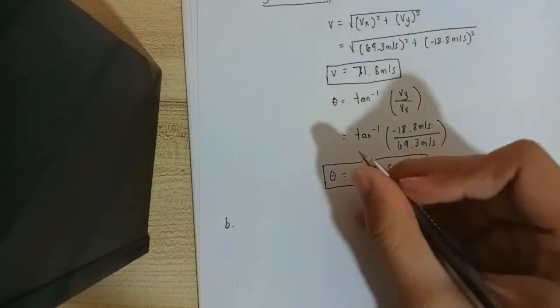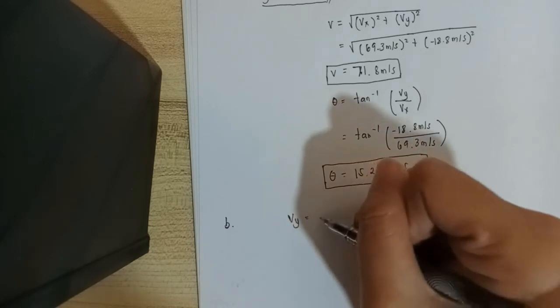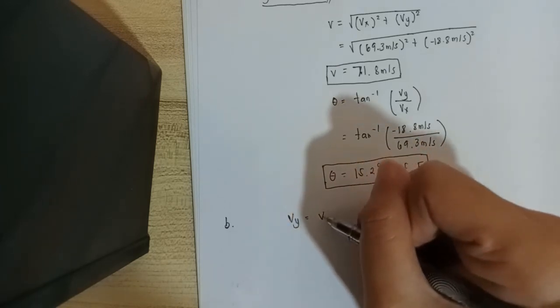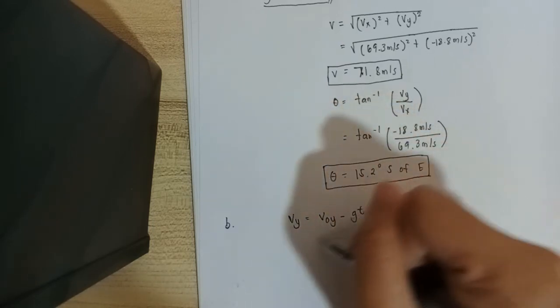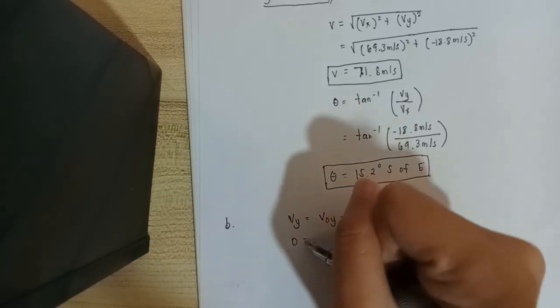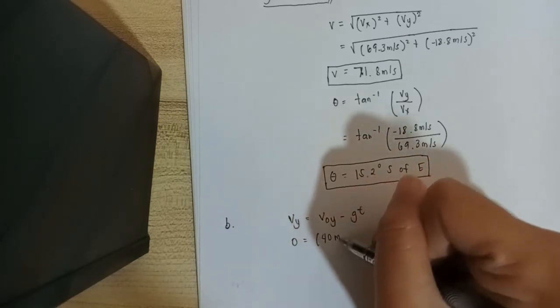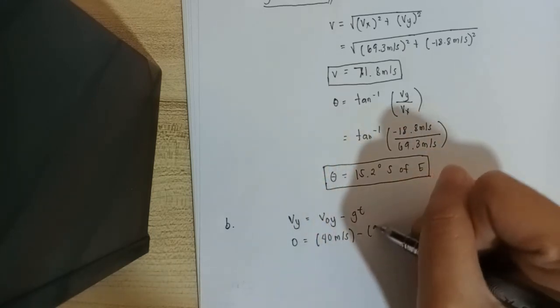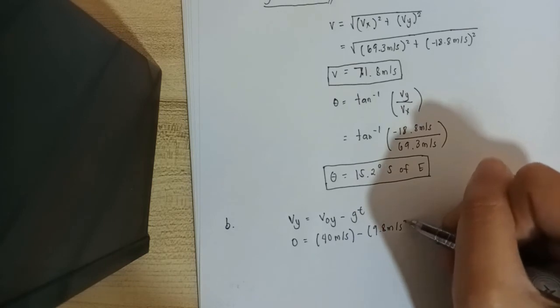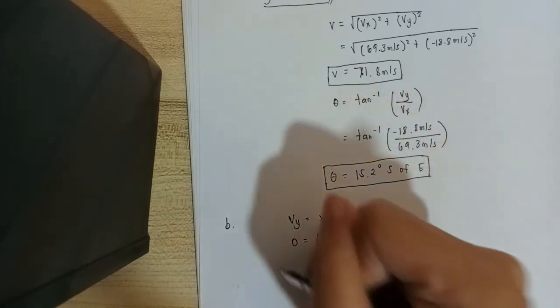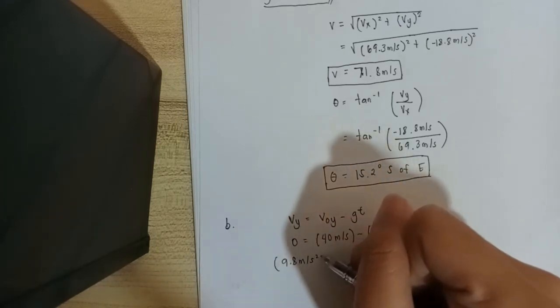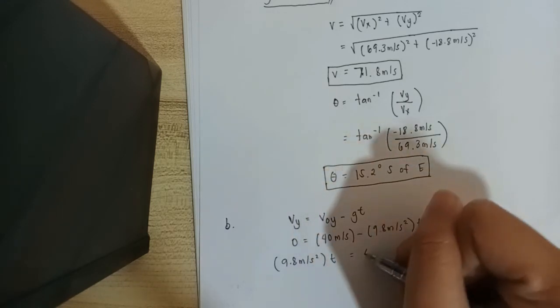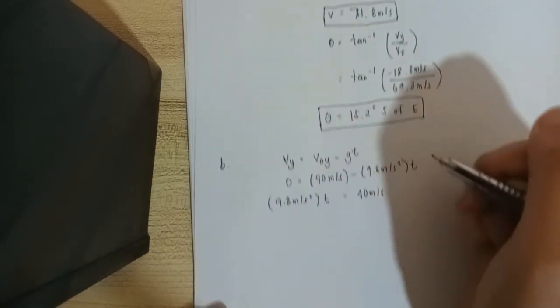Next will be the time required to reach the maximum height. So we're looking for the time. With the given we have, we can use the formula Vy is equal to V0y minus gt. Deriving the formula, 0 is 40 meter per second minus 9.81 meter per second squared multiplied by t. Transposing, 9.8 meter per second squared multiplied by t is equal to 40 meter per second.